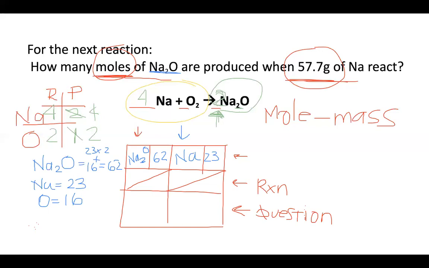So now, in the first triangle, we are going to be writing the moles of sodium oxide that we have in the reaction. Remember that moles is the big number that we have out front of the compound in the equation. So which is the big number out front of sodium oxide in my equation? It's a 2.